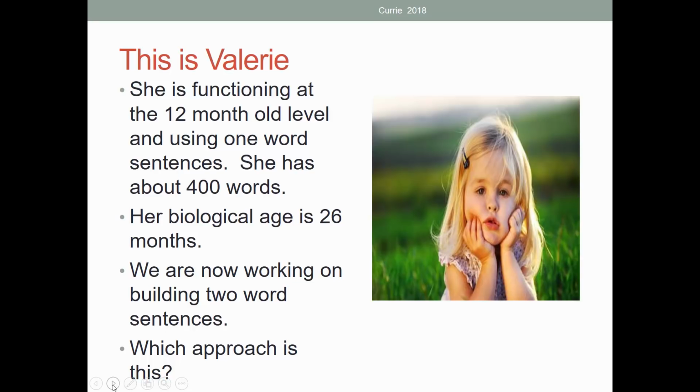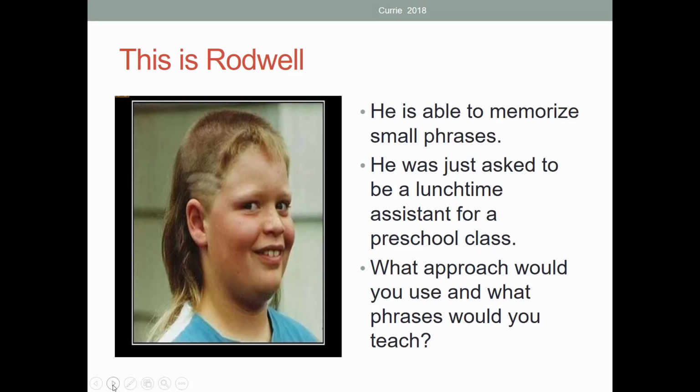Please answer the question, what approach are we using with Valerie? This is Rodwell. He's able to memorize small phrases. He was just asked to be a lunchtime assistant for a preschool class. What approach would you use and what phrases would you teach?